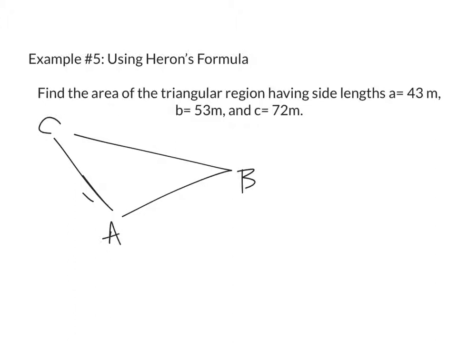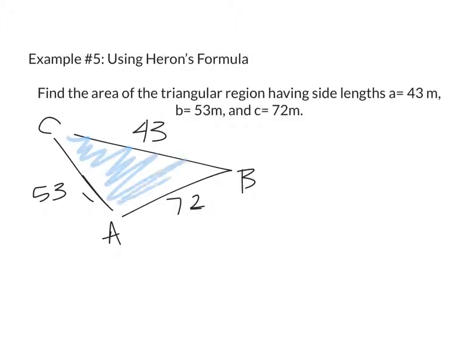We don't know what the angles are, but we do know that we have 43, 53, and 72, all in meters. Based off of those sides, we're going to be able to find the area of the inner part of our triangle. So with that information, here we go.